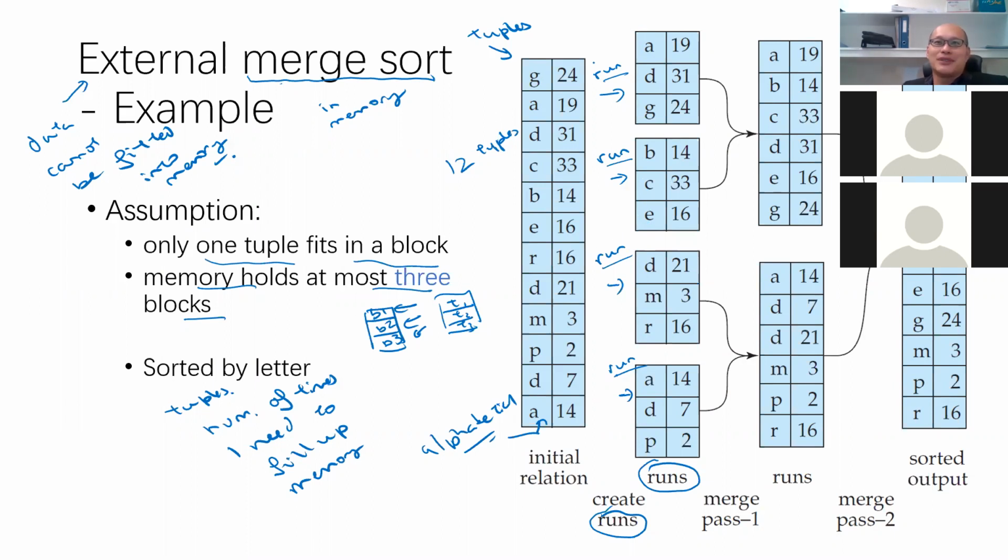So in this example, the first run takes my first 3 tuples, the second run takes my next 3 tuples, and this takes my next 3 tuples, and this takes my next 3 tuples. Why is it 3? It is 3 because, as we said earlier, the memory can only hold 3 blocks, and each block can only hold 1 tuple. So every time it's just 3.